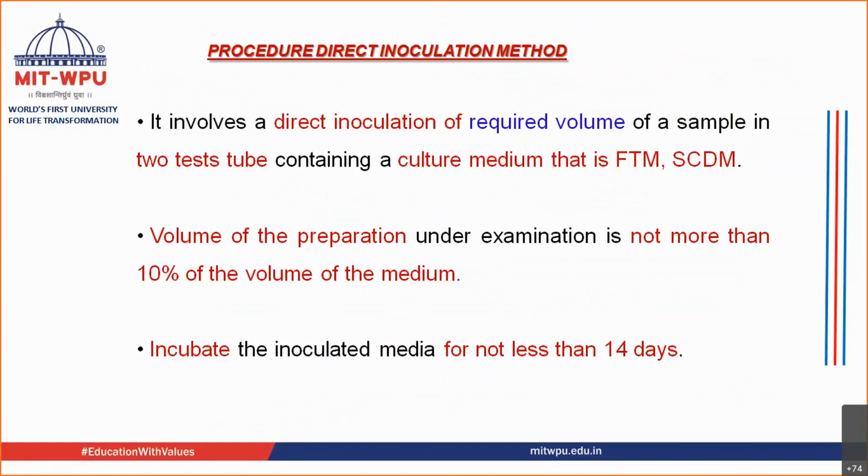You take the samples, and from those samples you withdraw the required volume, which is mentioned in my next slide, and you directly put it into the two tubes containing your fluid thioglycolate and soybean casein digest medium. So here you don't carry out the filtration and cut the filter paper and put it over here. No, you directly put the sample into these two media.